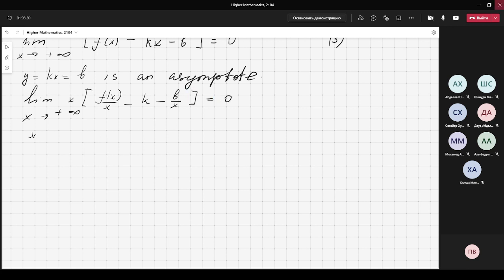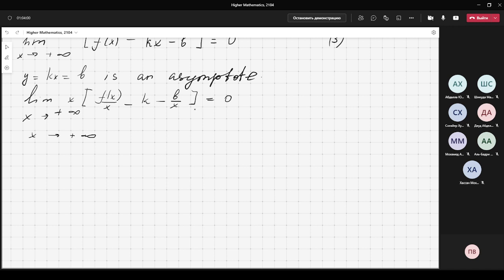Since x approaches plus infinity, the following equation must be fulfilled: the limit as x approaches infinity of this bracket equals 0.